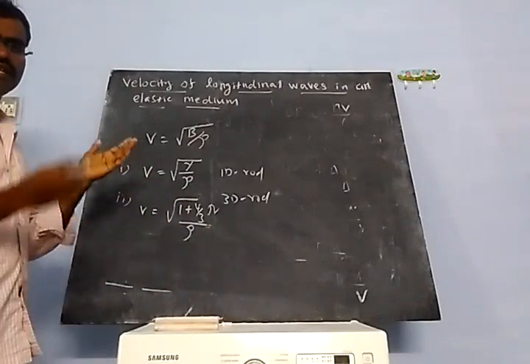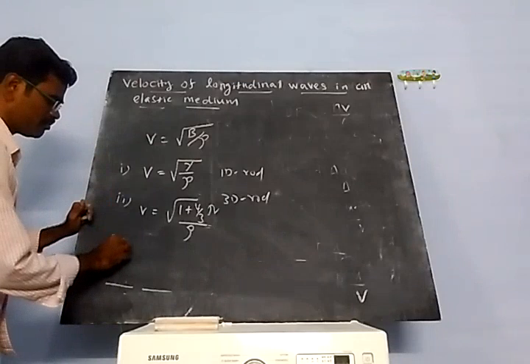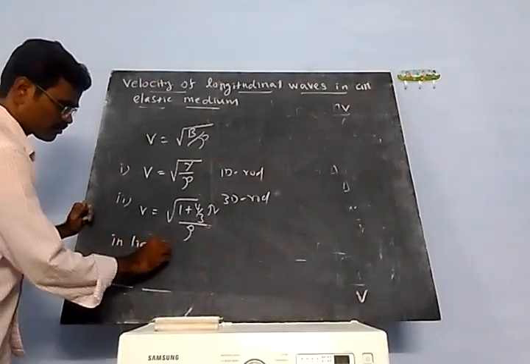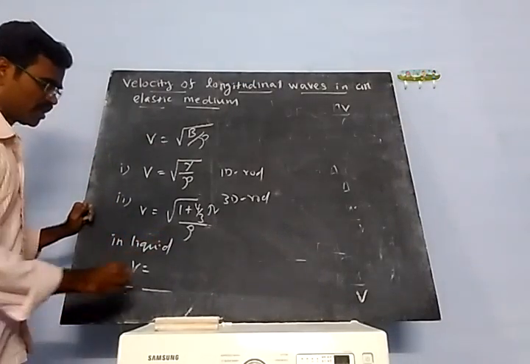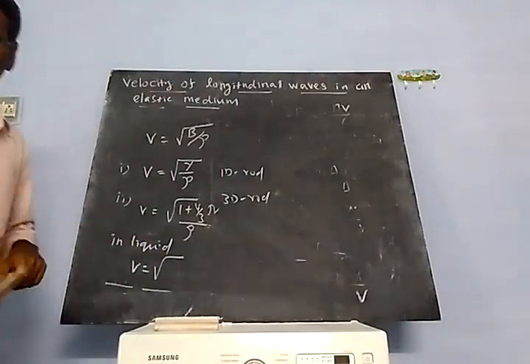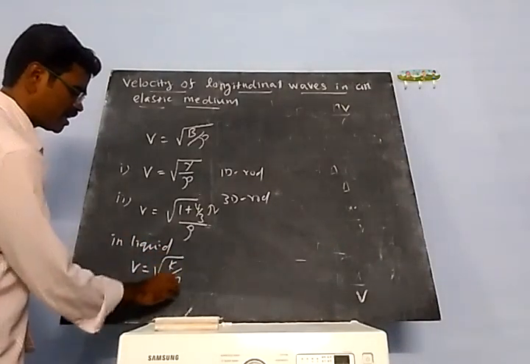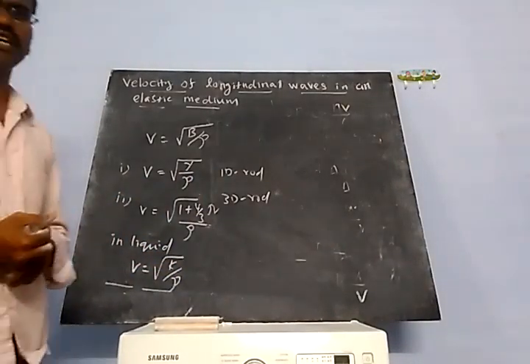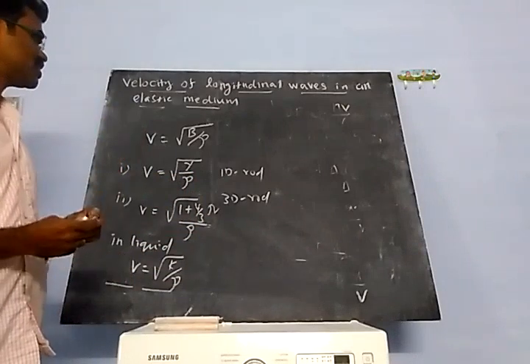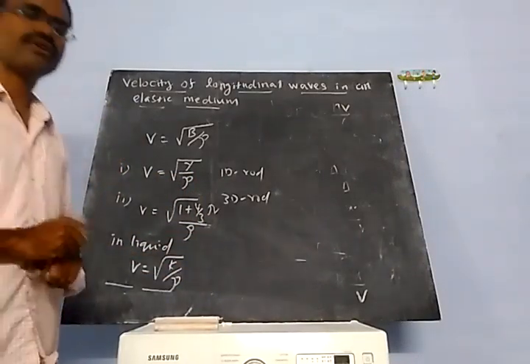Suppose the elastic medium is a liquid, then the velocity is equal to square root of bulk modulus K by rho. V is equal to square root of K by rho. So this is called the velocity of longitudinal waves. Do you understand, ma'am? Okay, thank you.